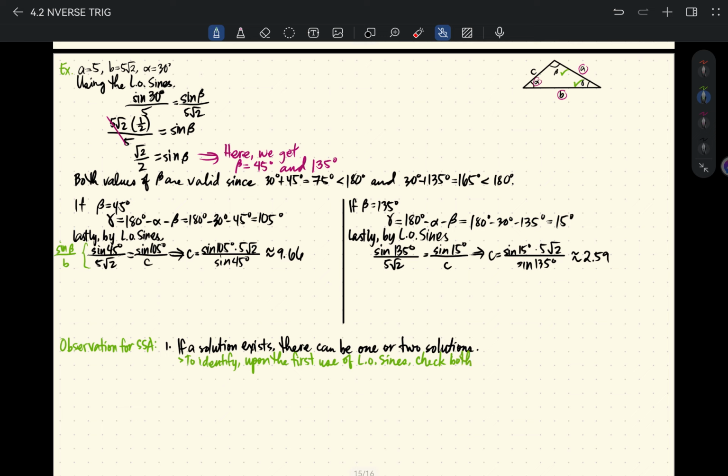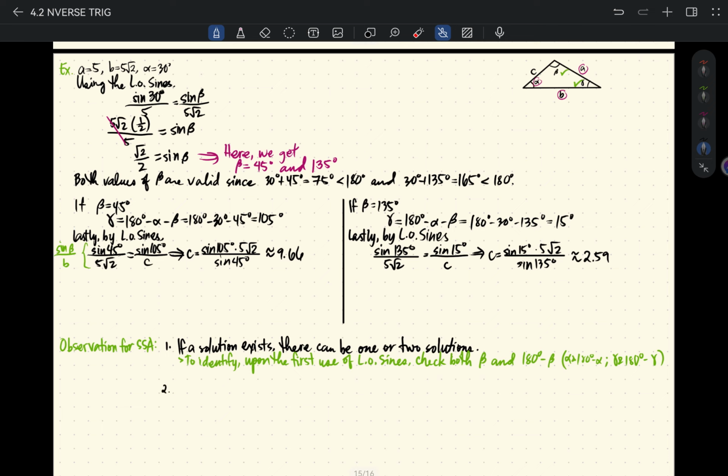In this case, we're looking for beta, right? So beta and 180 degrees minus beta, or alpha and 180 degrees minus alpha, or gamma and 180 degrees minus gamma, depending on what you are looking for, first and foremost.